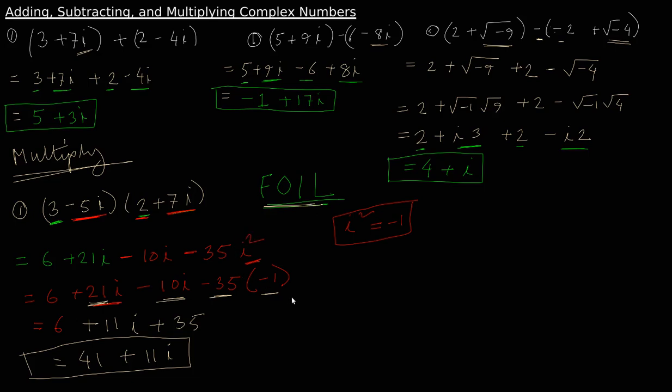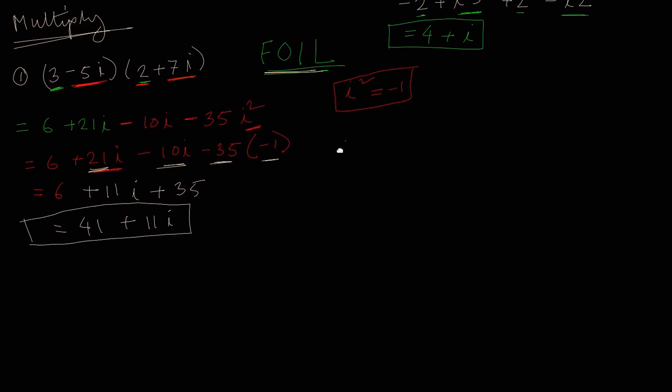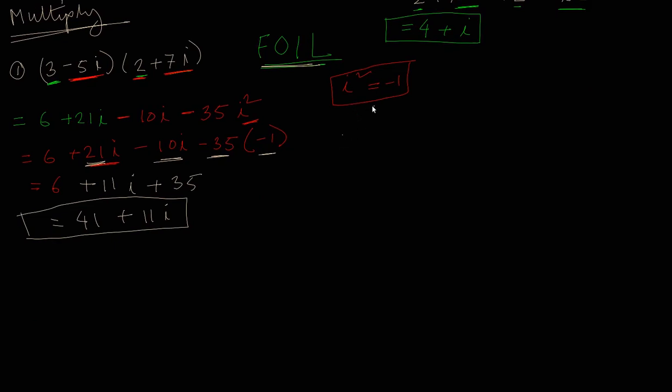So let us see if we can multiply some more problems. First of all, let's try to multiply a different problem, which is 3 plus square root of negative 2 multiplied by 1 plus square root of negative 32.